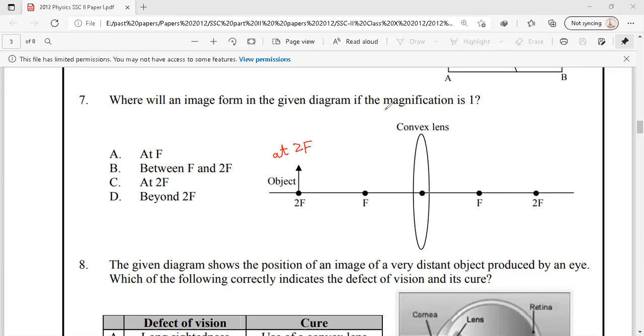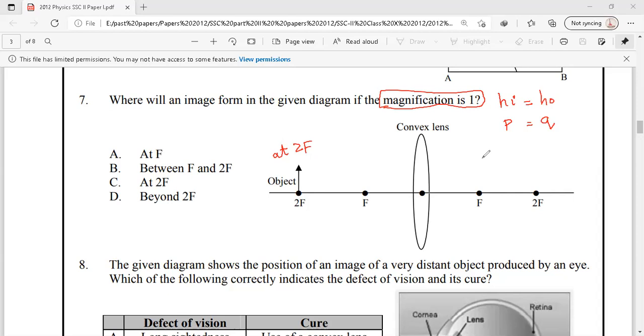Similarly, our second hint is that the magnification is equal to 1. Magnification equal to 1 means that the size of the image and size of the object will be equal. Similarly, the distance of the image will be equal to the distance of the object.